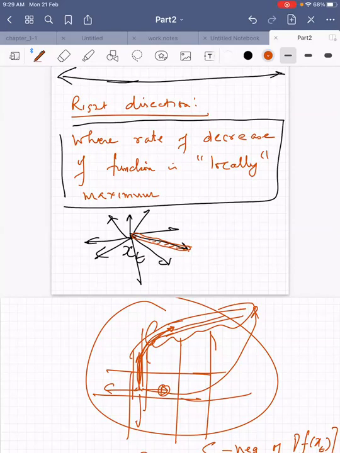So that we can find the direction in which we need to move next. No, but why do we care about maximizing the decrease? So because we move in the direction where there is maximum decrease. Yeah, I'm saying, why is that good? You're saying that is good. I'm asking you, why is that good?